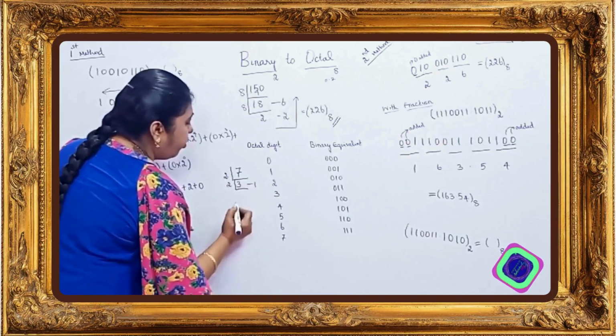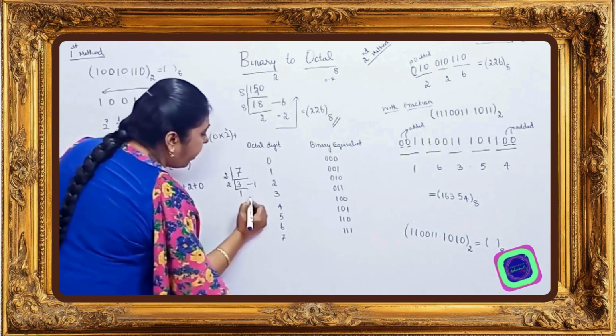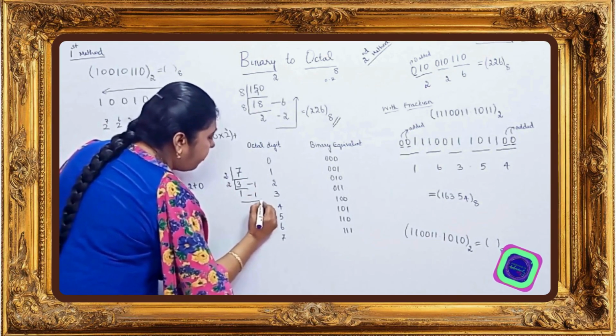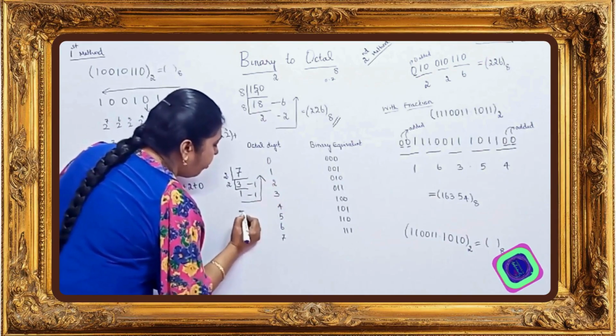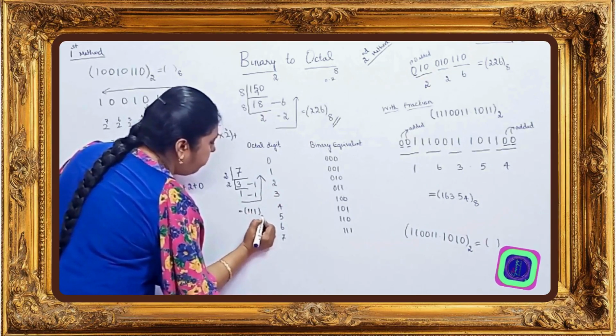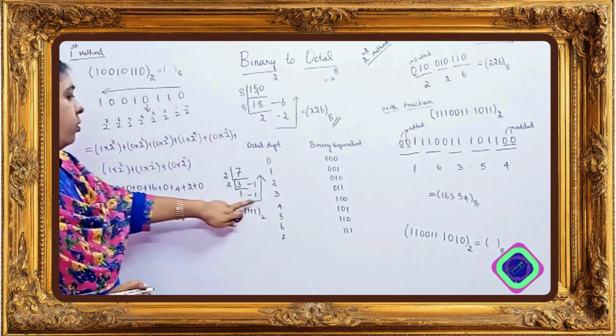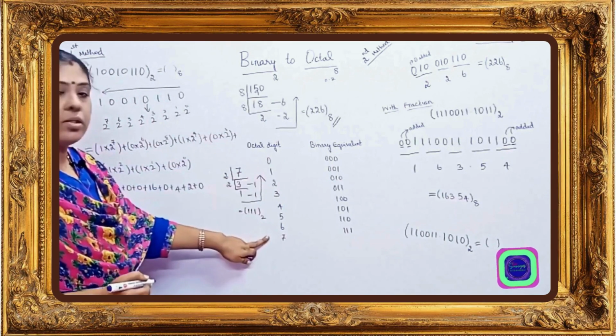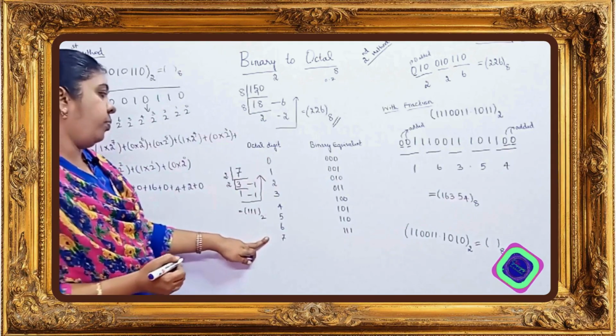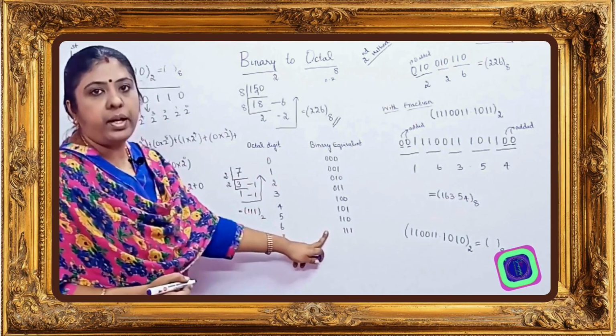Again dividing by 2, 1 times 2, remainder 1. It has to be noted from the bottom to the top, which is equivalent to 111 to the base of 2. Similarly for other digits, you can calculate on your own. So these are the binary equivalent values.